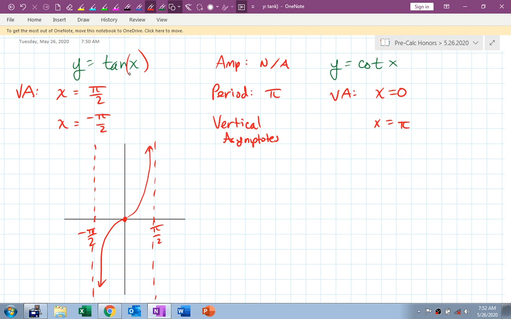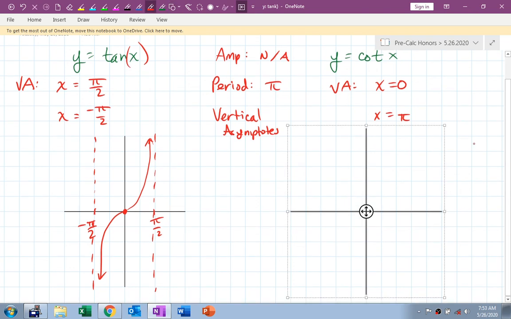Now if I was to do this for cotangent, think about what cotangent is. Cotangent is a reciprocal, so it's going to have a slightly different looking graph, but not by much. Halfway between is going to be my point, but I have to state that point. In this case, it was 0.